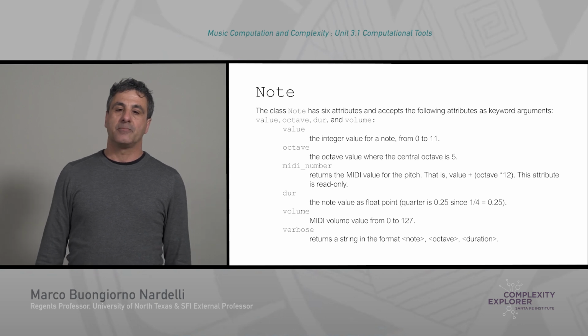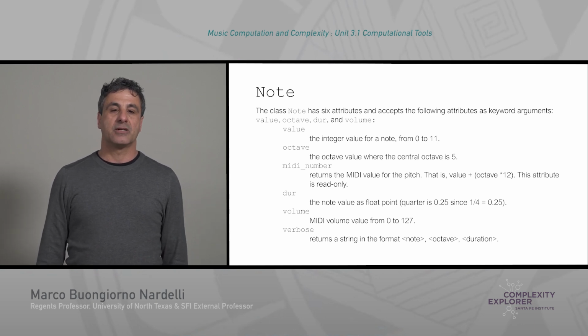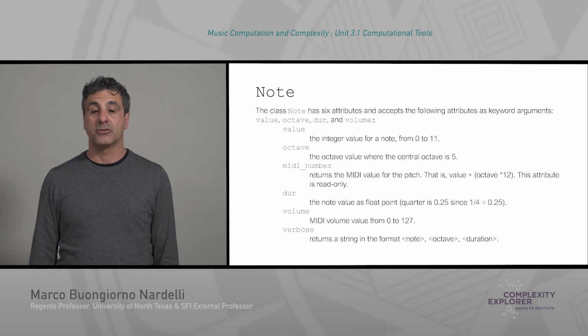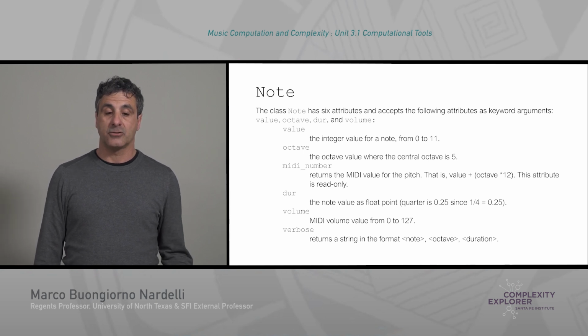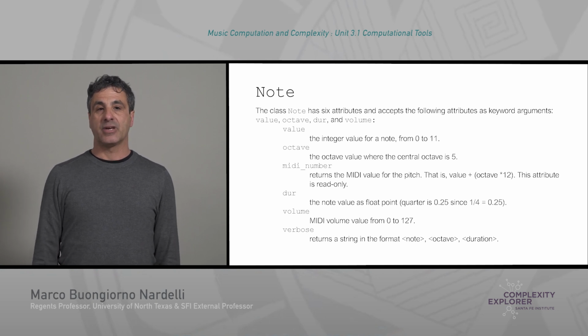The first keyword argument is value, the pitch number of the note, in integer notation modulo 12. So these are integer values from 0 to 11, as we introduced in the integer notation for pitch.